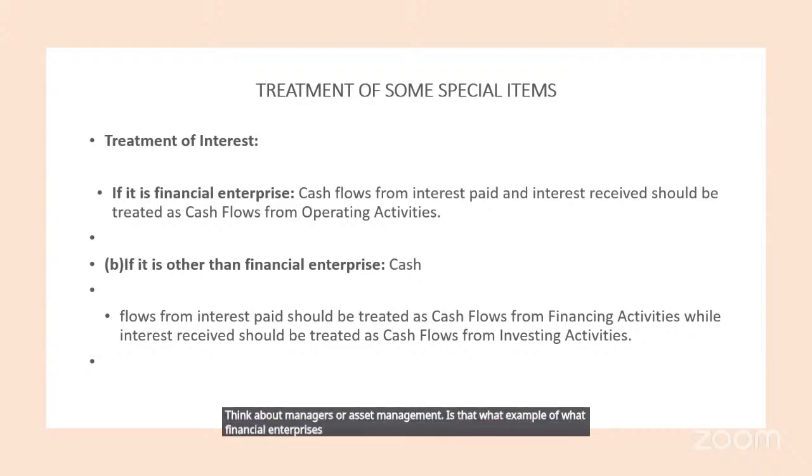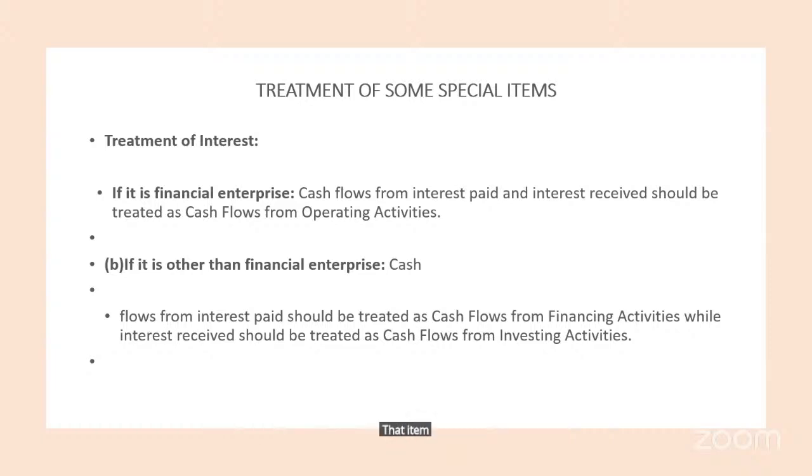Now, when a bank receives interest or pays interest, when an insurance company receives interest or pays interest, when an investment company receives interest or pays interest, that item is treated under the cash flow from operating activities.